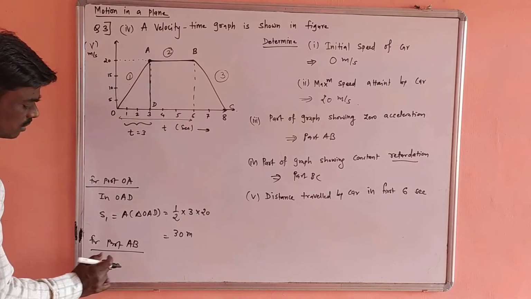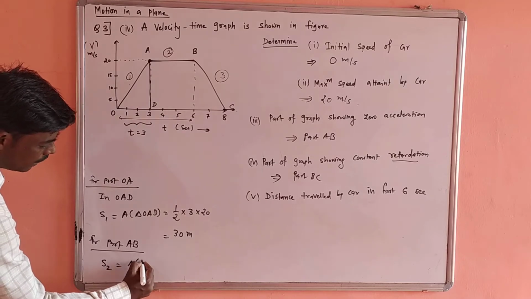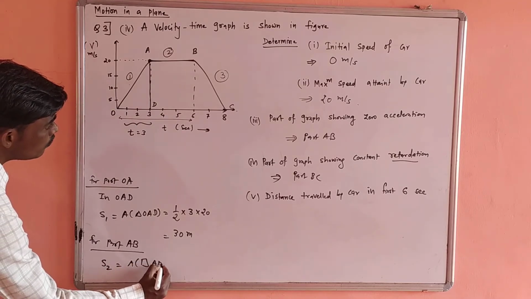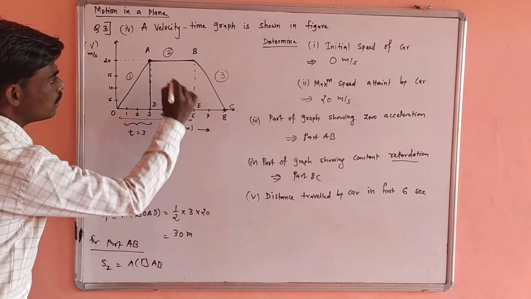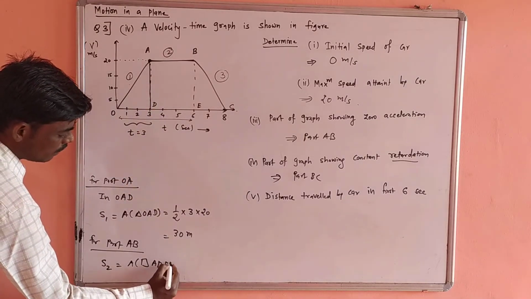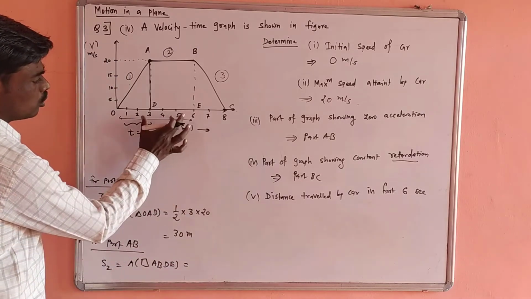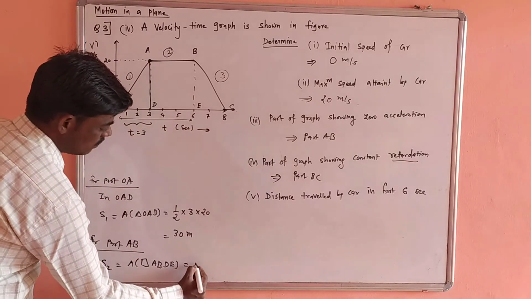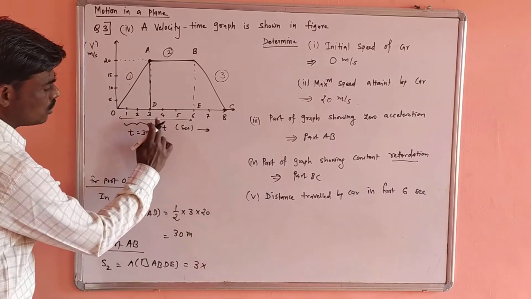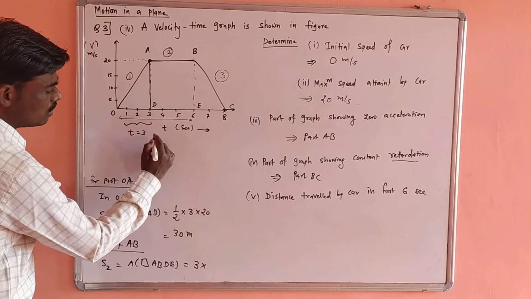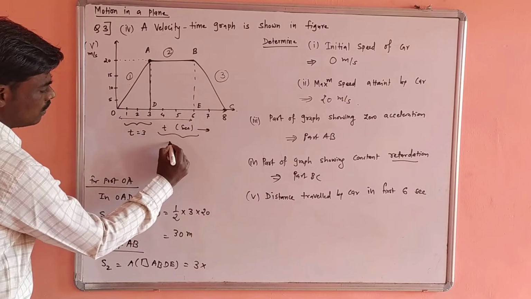So this distance is nothing but area of rectangle, suppose ABDE. So it is nothing but length into breadth. So length, now again 3 to 6 means this time interval is 3.